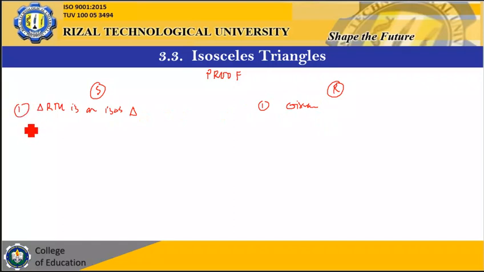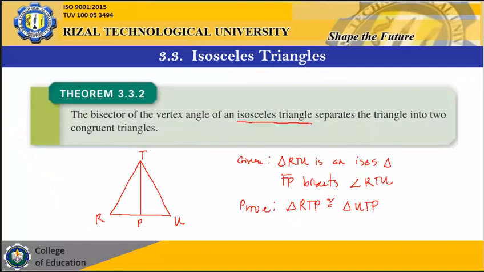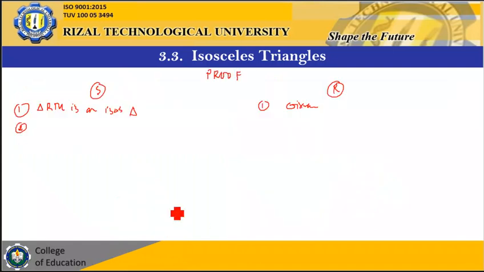If triangle RTU is an isosceles triangle, we know that it has two congruent sides. So therefore, RT is congruent to UT. Okay? RT is congruent to UT. And this is because of the definition of an isosceles triangle. Okay?